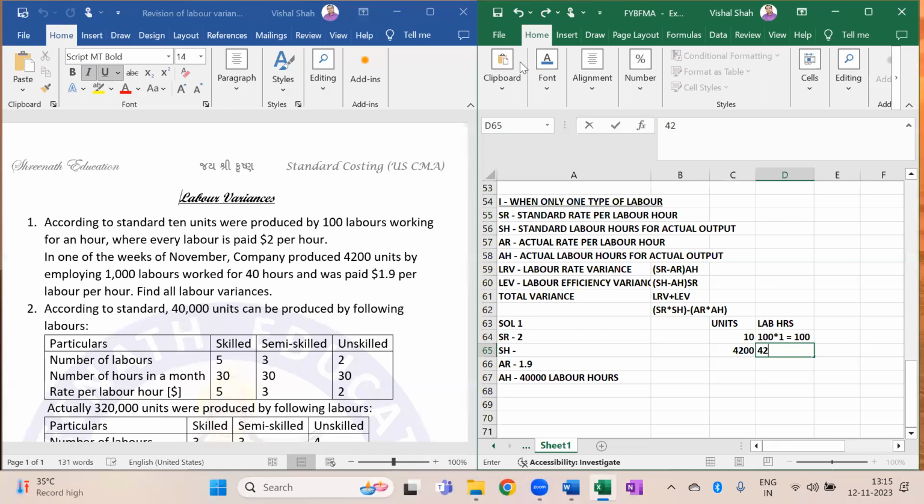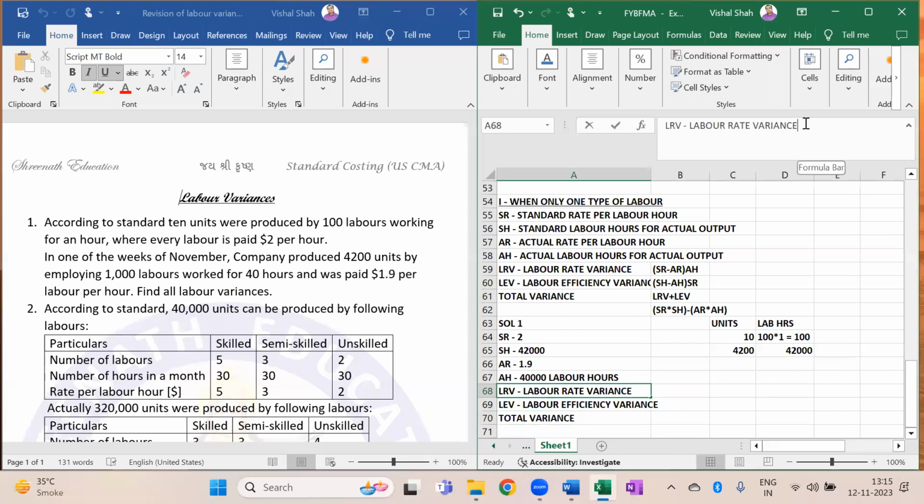Okay. So SH is 42,000. Now, we have all our data. Now it's easy for me to find LRV, LEV, and total variance.